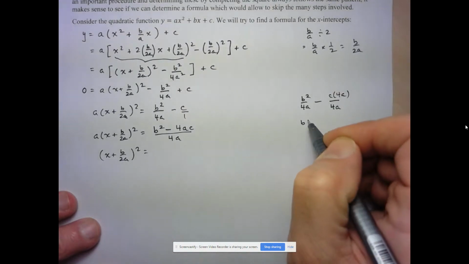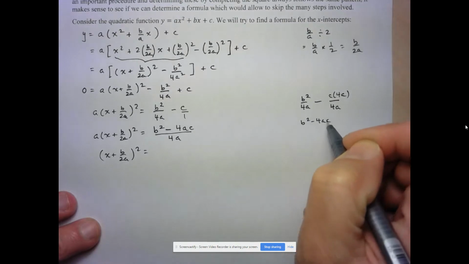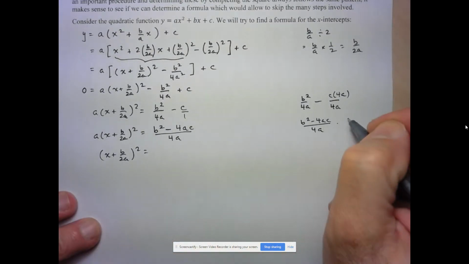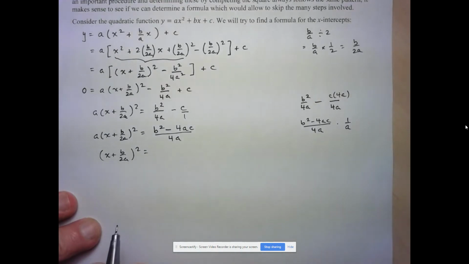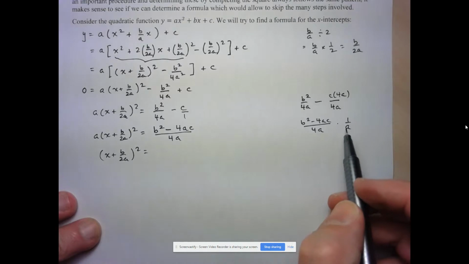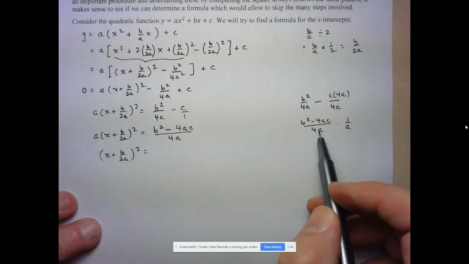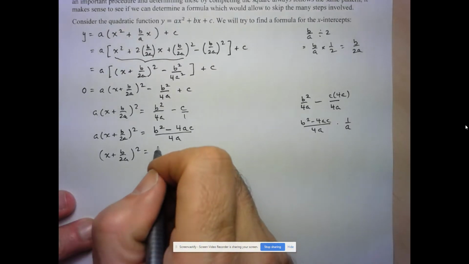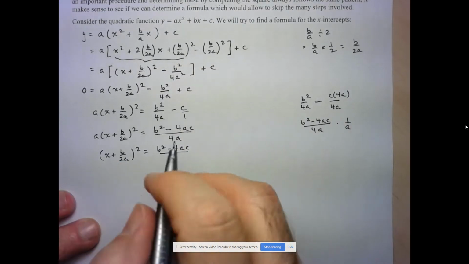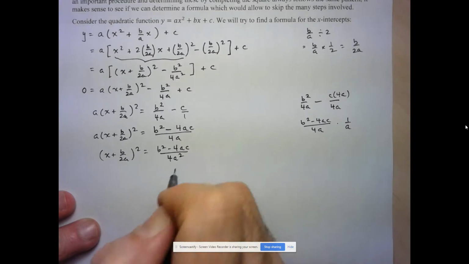So this is like b squared minus 4ac over 4a. Dividing by a is like multiplying by 1 over a. So the only thing that changes here is when I multiply these two fractions, I'm going to end up with an a squared in the denominator. Okay, so I have b squared minus 4ac all over 4a squared.